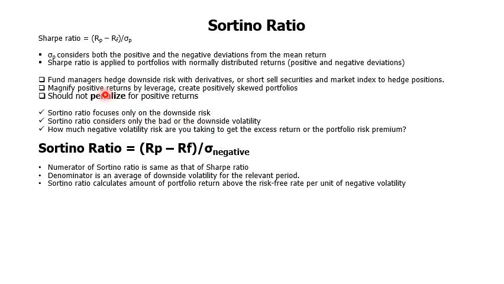But why did we use the term penalize here? Why are the fund managers penalized if you use positive returns in the calculation here? Basically, the standard deviation is in the denominator, and a higher standard deviation because of the incorporation of the positive volatility reduces the Sharpe ratio as compared to the Sortino ratio, which considers only the bad or the downside volatility.